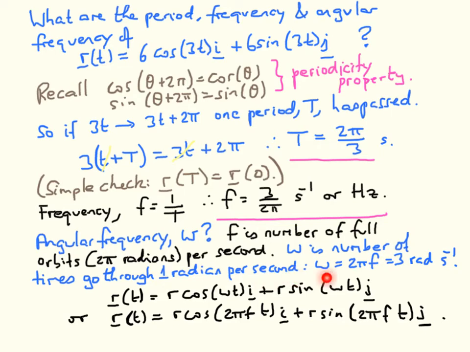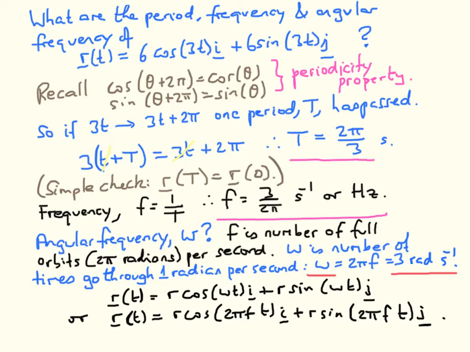So omega is 2 pi times the frequency, because the frequency is the number of times we go through 2 pi radians per second. So to get the number of radians per second, we just take the frequency and multiply it by 2 pi. So 2 pi times 3 over 2 pi, the 2 pi's will cancel and we'll be left with 3 radians per second. So that will be our angular frequency.